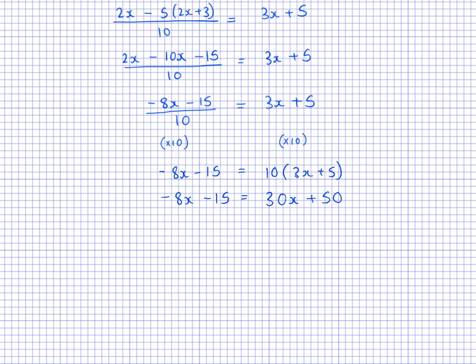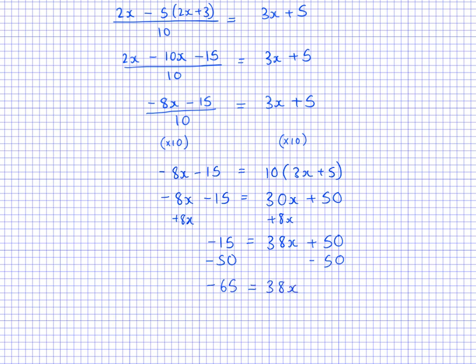Now if I add 8x to both sides, I have negative 15 equals 38x add 50. Now if I take away 50 from both sides, I will have negative 65 equals 38x.